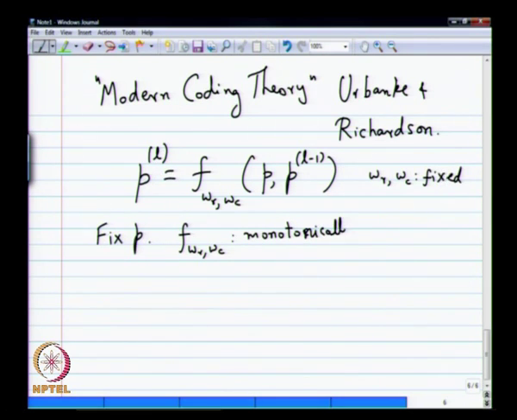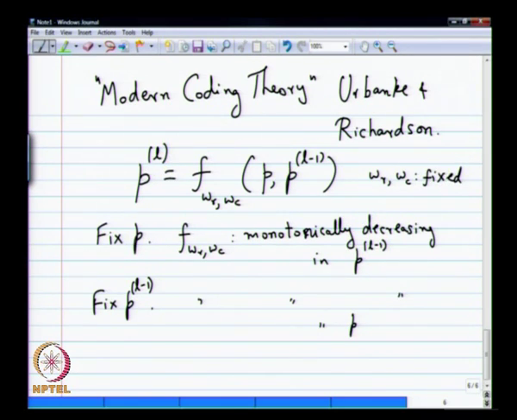These are analytical properties that you can show. And the other thing is to fix P_{L-1}, and then again you can show this is monotonically decreasing in P. Is that okay? All right.